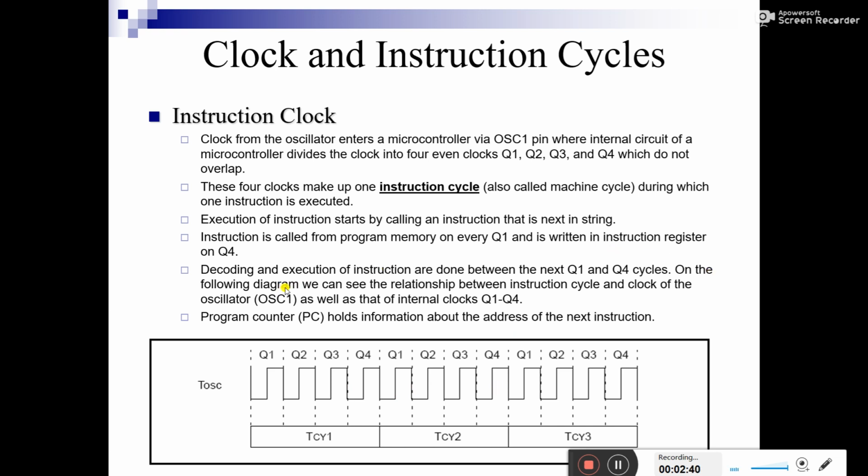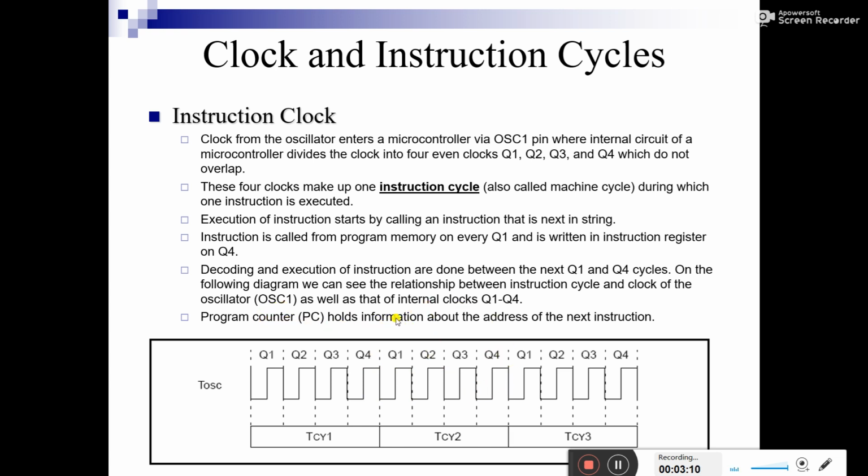In the following diagram we can see the relationship between the instruction cycles and the clock cycles, the clock of the oscillator as well as the internal clocks Q1 to Q4. The instructions are fetched from the memory, and then at the next Q1 to Q4 they are decoded and executed.